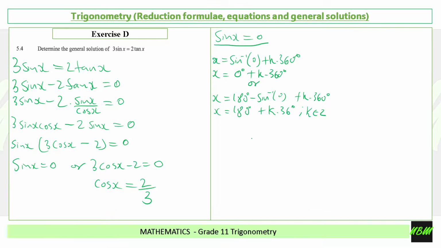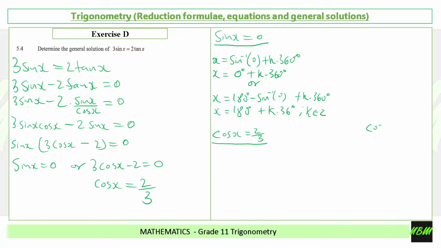Now taking the second equation, now for the equation cos x is equal to 2 over 3. What is the formula, or the method we need to apply when we are dealing with the ratio cosine?